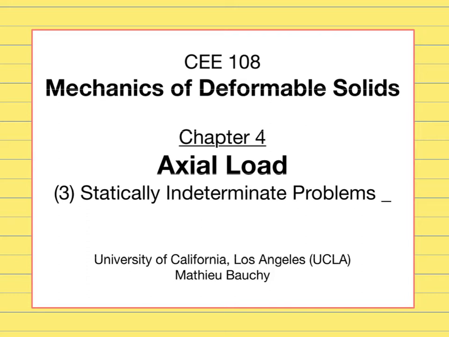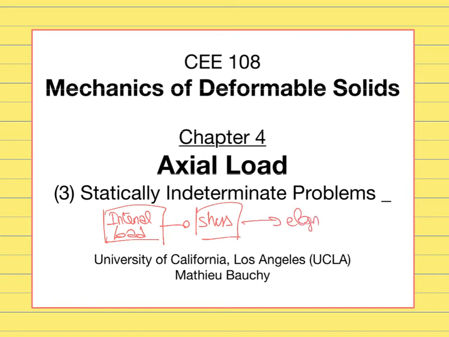So the internal load will be the first thing that you would need to calculate. And then once you have the internal load, you can calculate the stress within the beam. And if you have the internal load and the stress, then you can calculate its elongation. So this is what you will do for most of the traditional axial load problems.